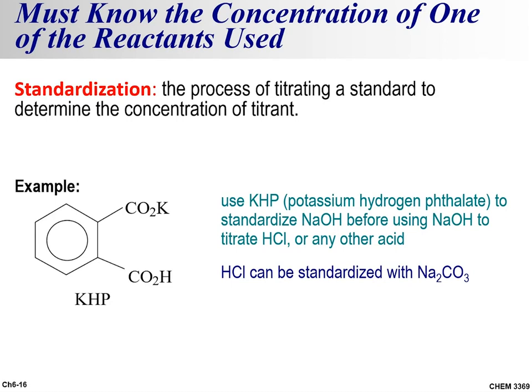So how do we prepare a standard NaOH? We have to titrate it with another standard. And usually for that purpose, we use the KHP, which is a potassium hydrogen phthalate. And we use it to standardize the NaOH solution. Okay? So that's the second way of preparing the standard solutions.